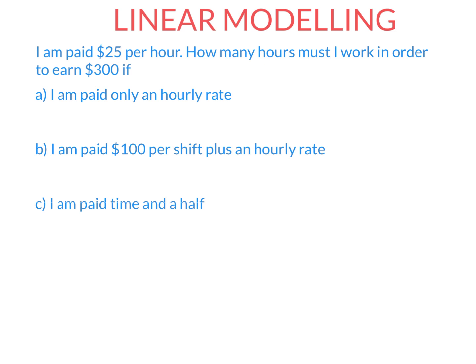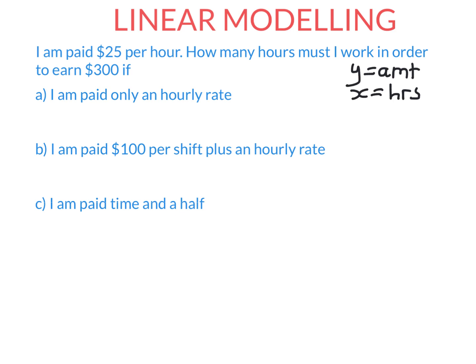So for each situation, I'm actually going to find an equation linking y, the amount of money earned, the pay, and x, the number of hours worked. So in each case here, the equation linking x and y will be linear.